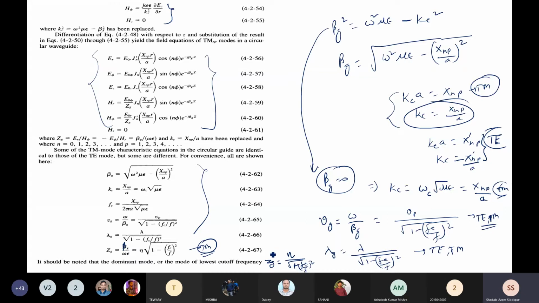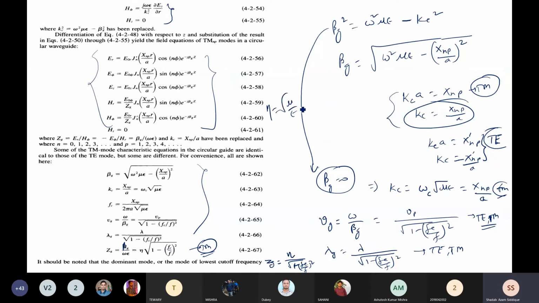Similarly, we have done this in the rectangular waveguide. This is also similar to the TM mode formula in the rectangular waveguide. So these are the formulas we have, where eta is equal to the square root of mu by epsilon.